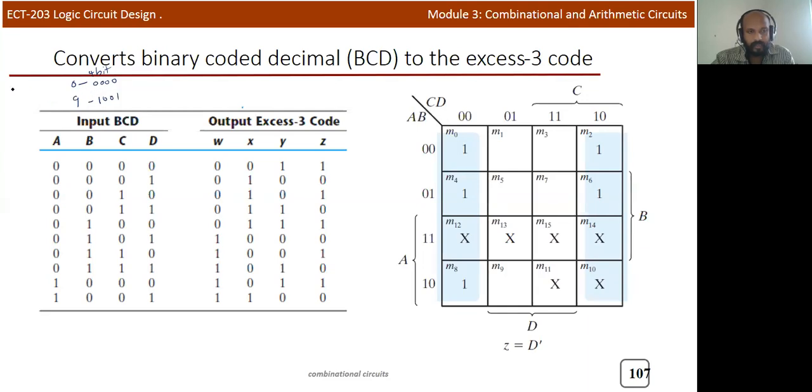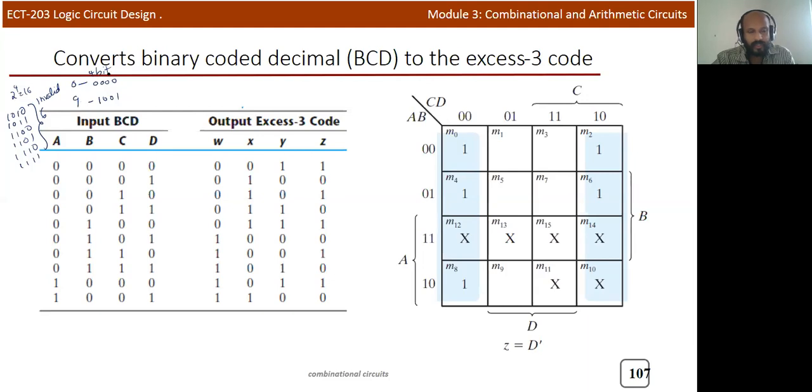By using 4 bits, we can write 2 raised to 4, 16 combinations. That is, after 1001, you can write 1010, 1011, 1100, 1101, 1110, 1111. So these 6 combinations are considered invalid input combinations in the case of BCD, because BCD numbers are only from 0 to 9.